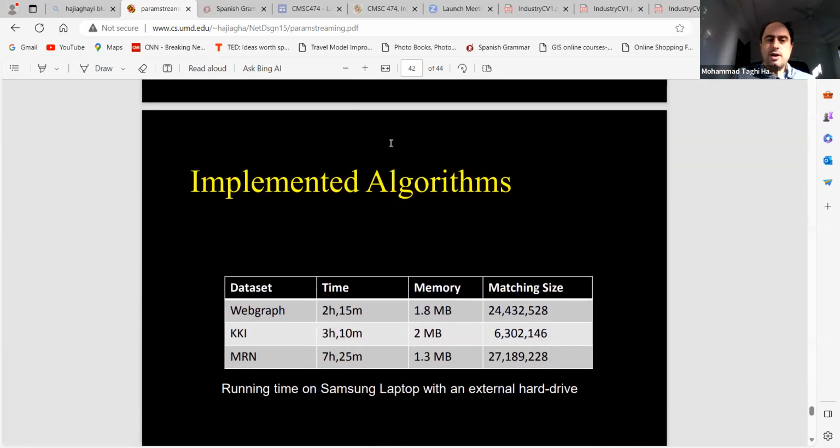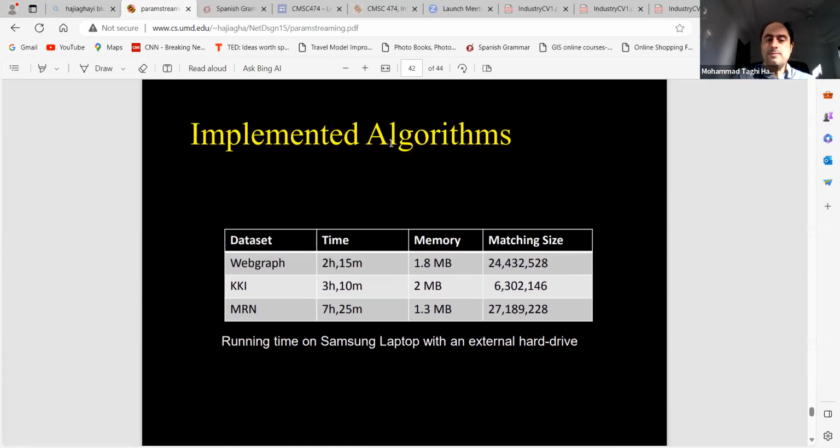And these are some of the running times that I have. I used my laptop, the same laptop I'm using now, and an external hard drive.